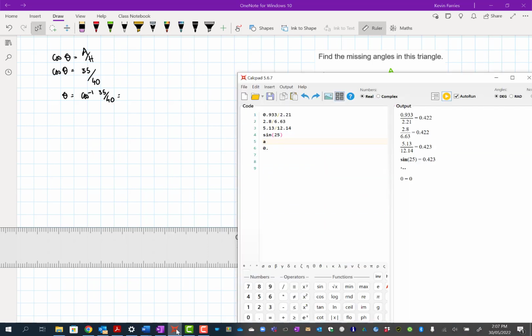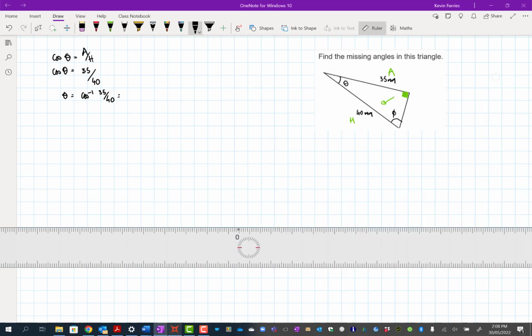I think in this program you have to do acos of 35 divided by 40. That's 28.96, or 29.0 degrees to three significant figures. 29.0 degrees.